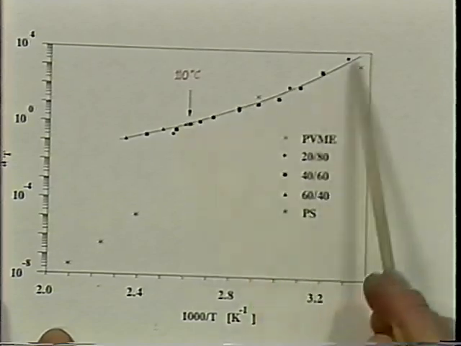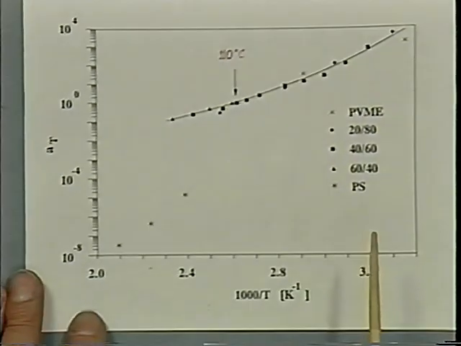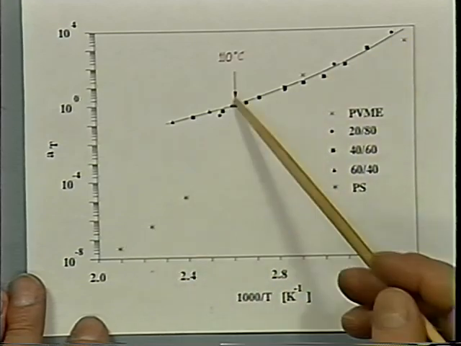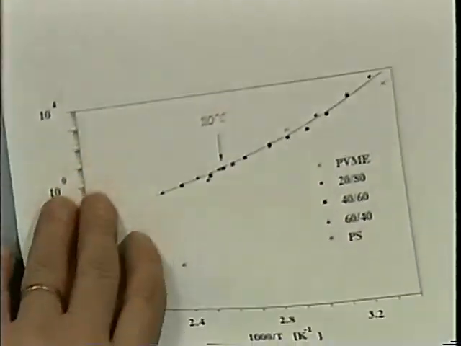Somehow the blend and the PVME have very similar shift factors. So we are using this shift factor and extrapolating up here to get the relative shifting of the systems.